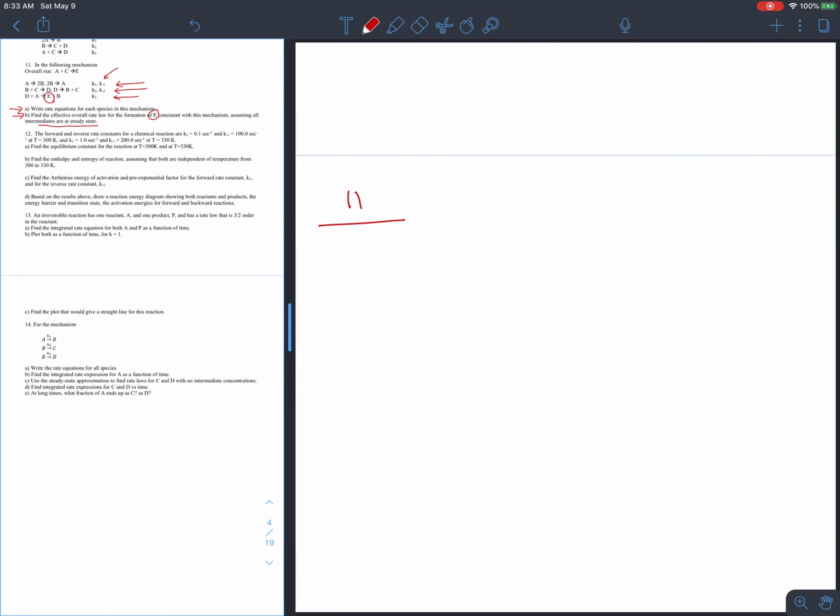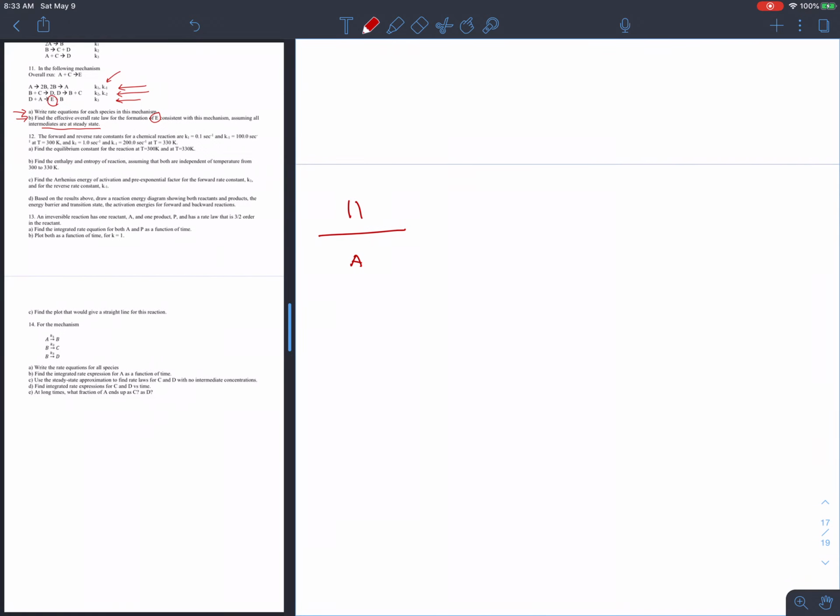Let me write down the mechanism over here. So A goes to 2B, and 2B goes to A with rate constants k1 and k minus 1. Then B plus C goes to D with rate constant k2 and the reverse of that.